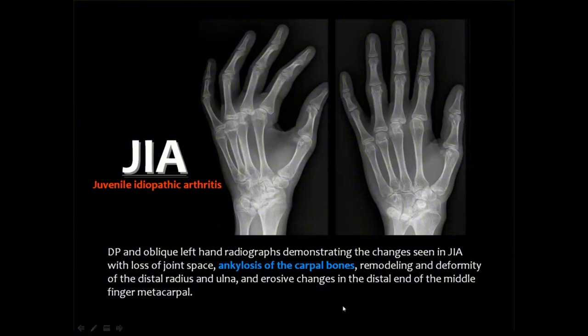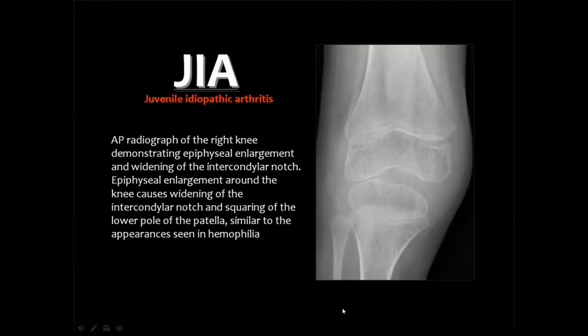This has a close appearance to the rheumatoid arthritis seen in adults, and sometimes you may mistake this for rheumatoid arthritis, but remember, for the diagnosis of juvenile idiopathic arthritis, there should not be a known cause of these arthritic changes.